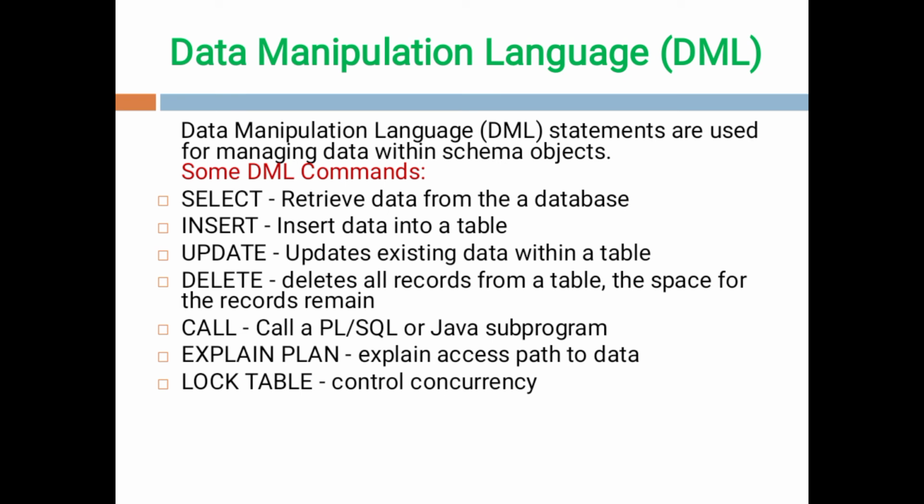The spaces for the records remain, they will not be erased. But when we use drop, the space allocated for the records will also be erased. Here, all the records from a table can be removed, but the space allocated for them is still available and cannot be removed.